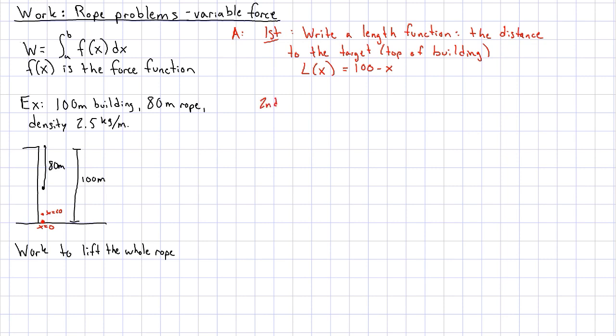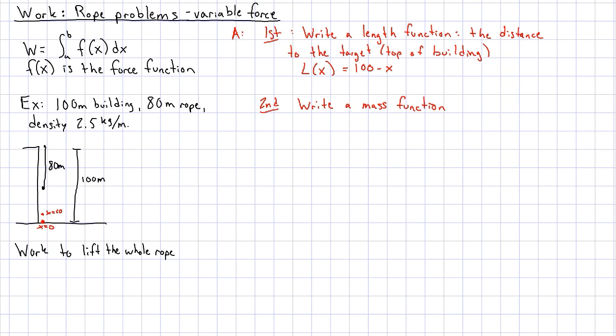The second thing I need to do is write a mass function. The mass of the rope that's still hanging is variable. As I pull the rope up, I have less and less mass that is still hanging down.